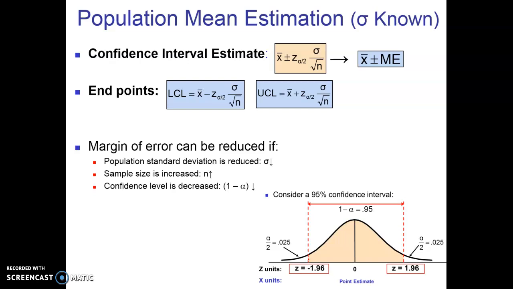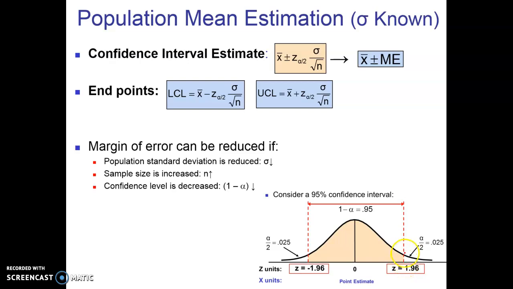Before we go to our z-table, though, I want to remind you that when interpreting a z-table, if we're looking for the positive z-score, we start with the lower tail and find the value that would correspond to the area up to that point, which in this example would be the probability of getting a value up to here, which would be 0.975.